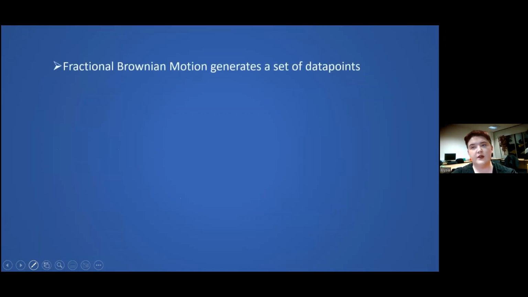The program then continues in the following steps. Using fractional Brownian motion, a series of data points are generated, which are orientated the correct way to either be uphill or downhill, depending on the specification of the user or the real topography which has been input into the program.